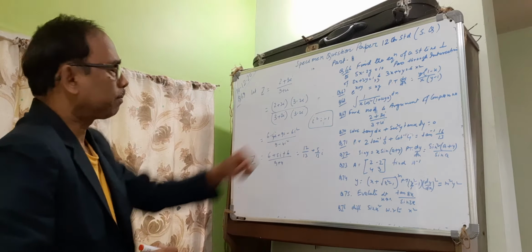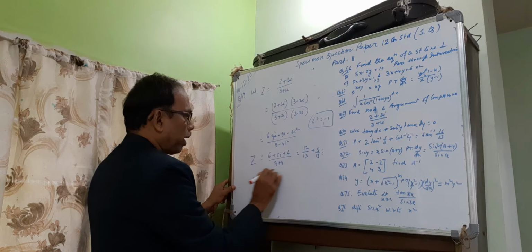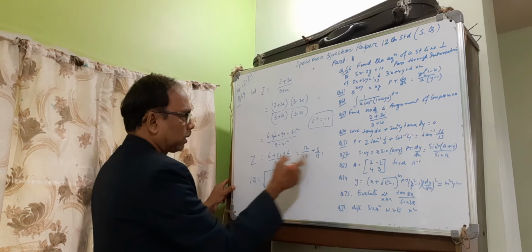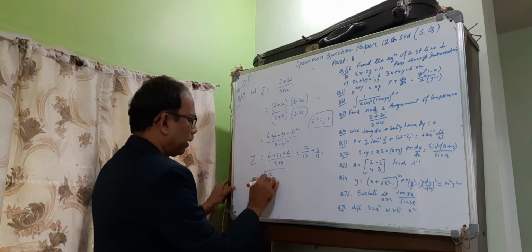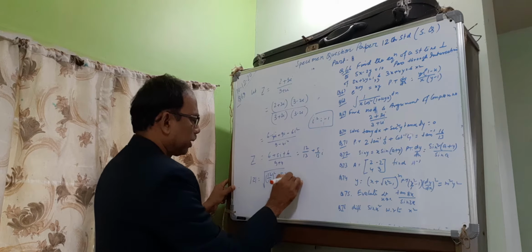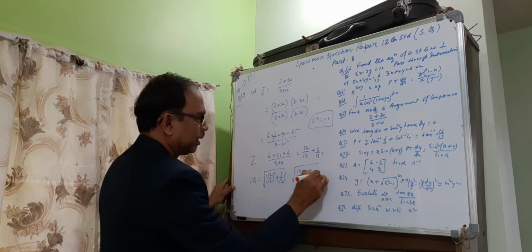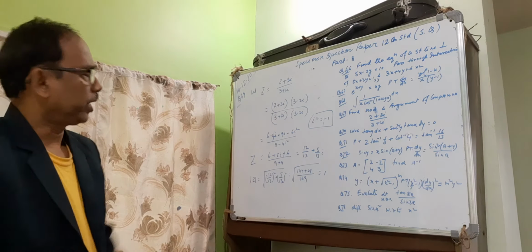So the modulus of z equals the square root of a² + b², that is (12 by 13) whole square + (5 by 13) whole square, that is the square root of (144 + 25) by 169, that is 1. The modulus of z is 1.